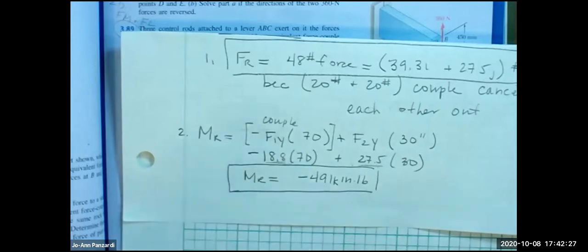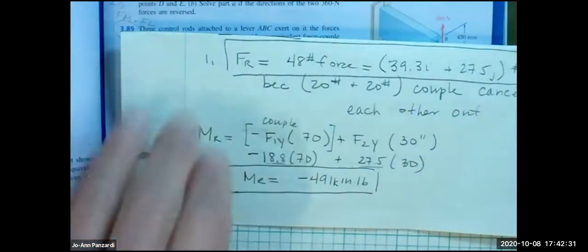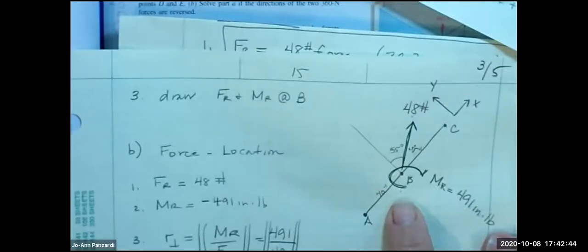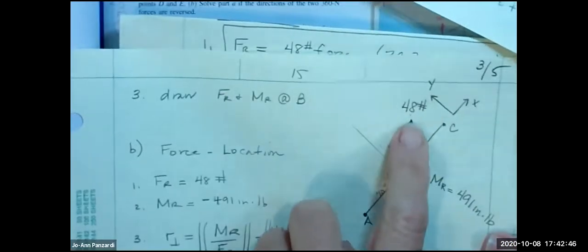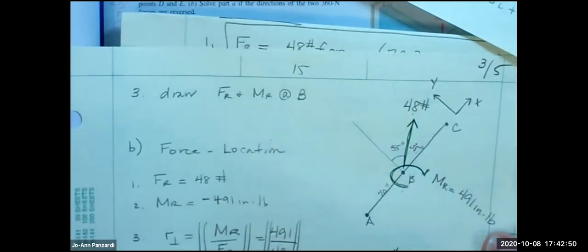And then the sketch. Here's the sketch. Okay, so it's still 48. It's just the whole force, and it's at that angle, and we just write in that moment we found. That's right. You're putting in the resultant force and the resultant moment at a point.